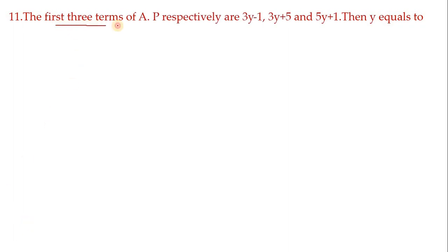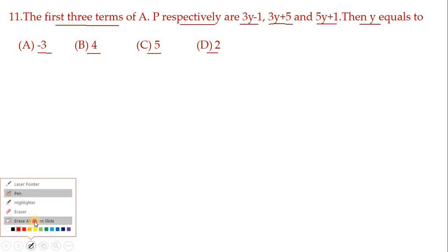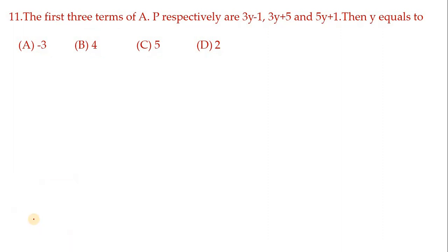The first three terms of AP respectively are 3y minus 1, 3y plus 5, 5y plus 1, then y equals? Options are minus 3, 4, 5, 2. Children, this problem also, as we have done the last one, the same way we have to find.